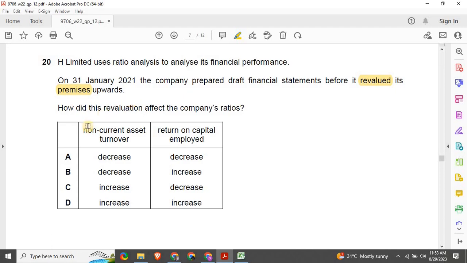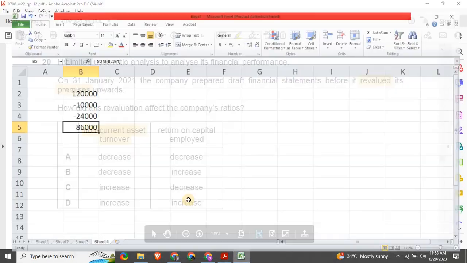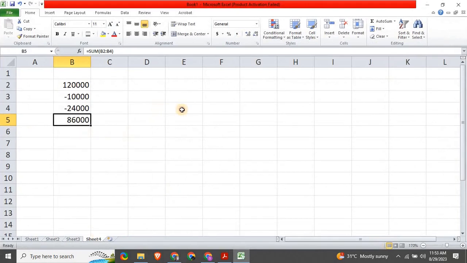First of all is non-current asset turnover. The formula for non-current asset turnover is net revenue divided by total net non-current assets. Let's take an example with numbers. Let's say my revenue is 20,000 and my non-current asset right now is 100,000.